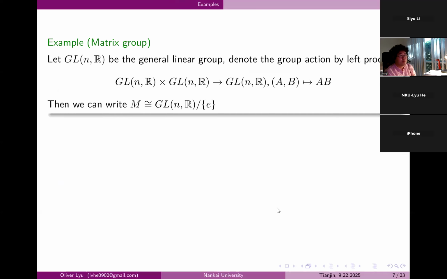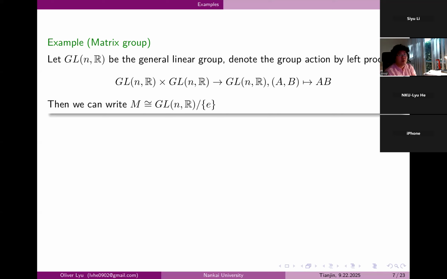Okay, for those examples, the first example is kind of trivial. You can use the matrix group, and the group action on the left is just matrix product, right? The less trivial ones are those where there are a lot of homogeneous spaces. They have the same properties as the Lie group, and the Lie group is just a homogeneous space with a trivial quotient.